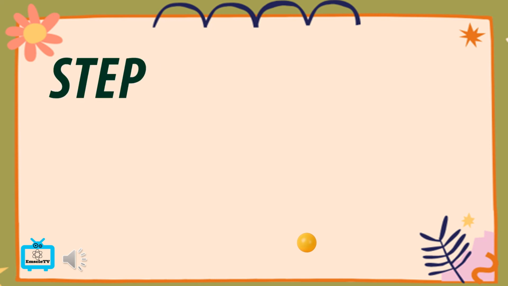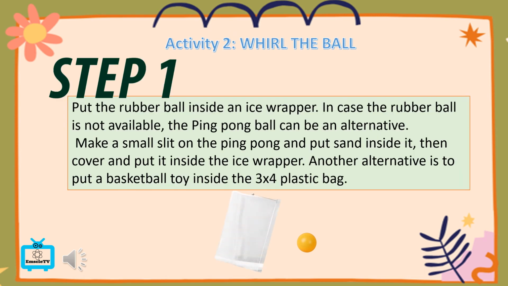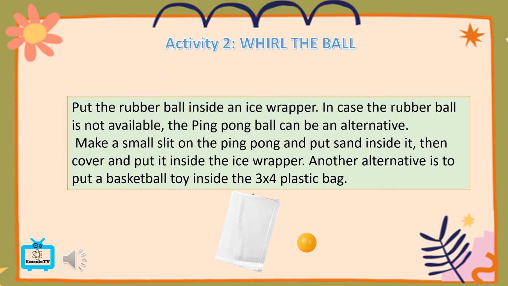So let's start with the first procedure. Please follow it carefully. Step 1. Get the rubber ball. If you do not have the rubber ball, you can use a ping pong ball as an alternative. Make a small slit on the ping pong ball or the rubber ball.